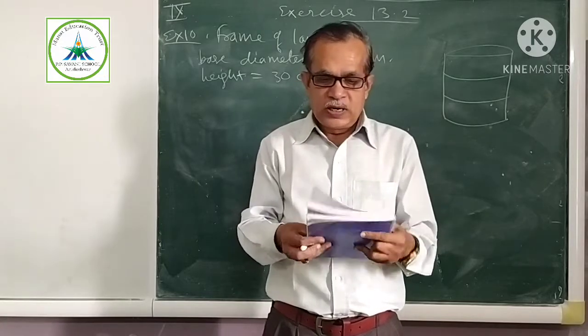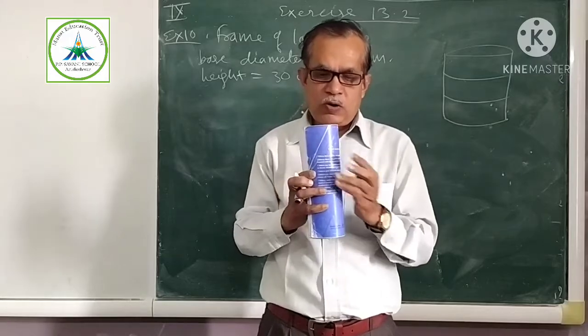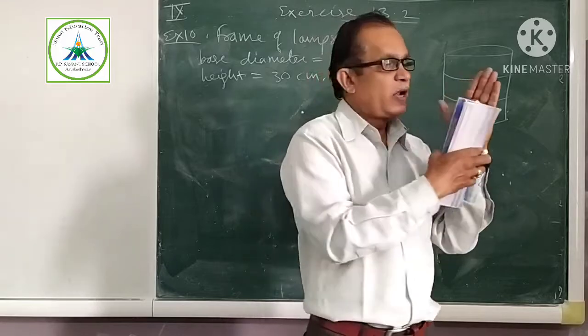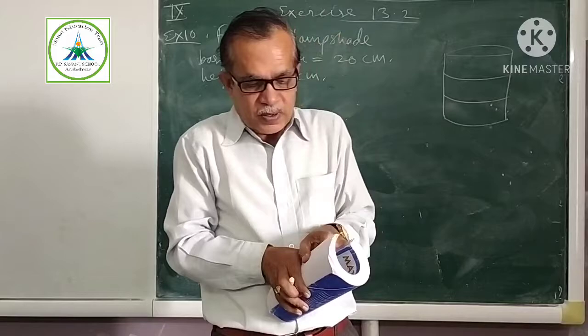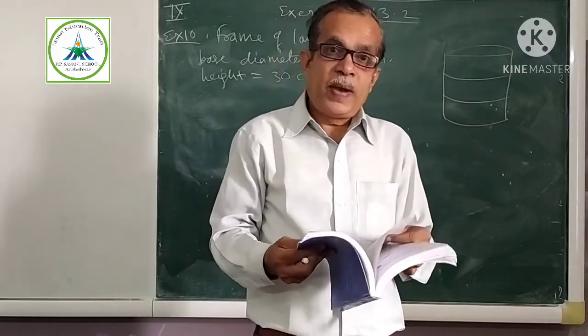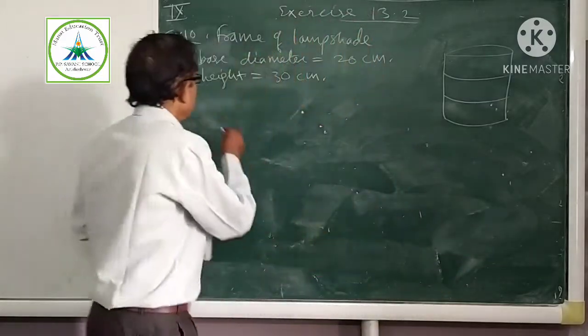So students, if this frame is there and I want to cover it by paper and paste that paper, I have to keep some margin. That is 2.5. So the height of the required paper is 2.5 more on the top and bottom. Then see, that is what margin.